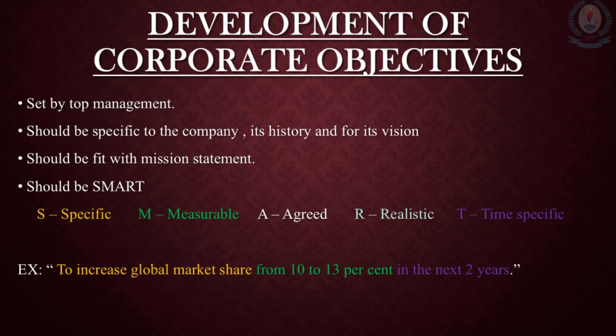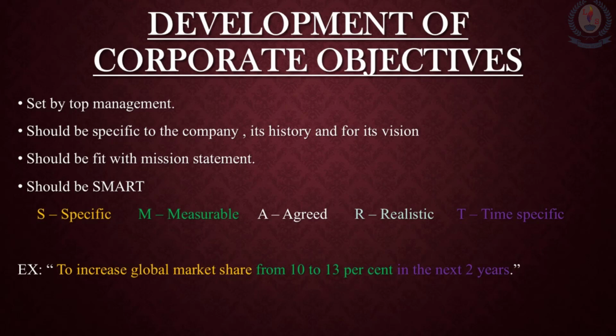When we consider corporate objectives, they should be specific to the company and its history, also its future vision. And the other most important thing is they should fit with the previous mission statement.